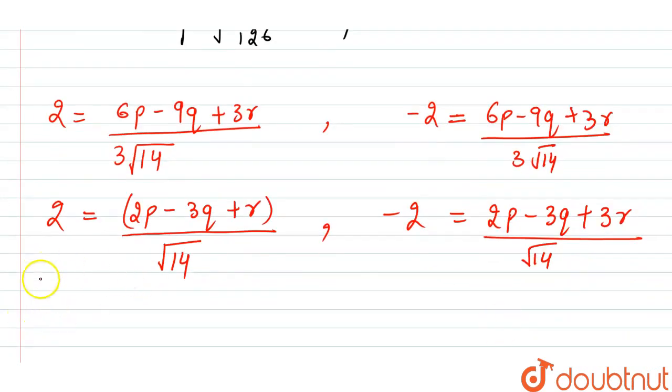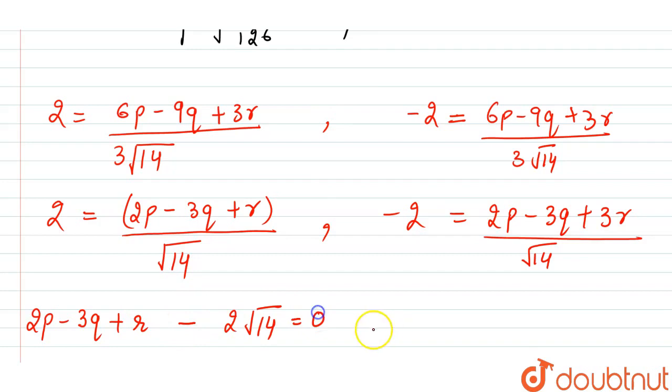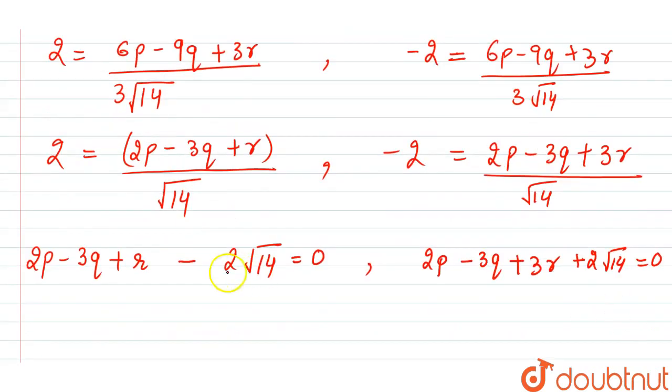Now, the final step: this will be 2p minus 3q plus r equals 2 under root 14, or we can write it by taking it to the left hand side, minus 2 under root 14 equals 0. And similarly, if we solve for the other case, this will be 2p minus 3q plus r plus 2 under root 14 equals 0. So we have got two equations from here.